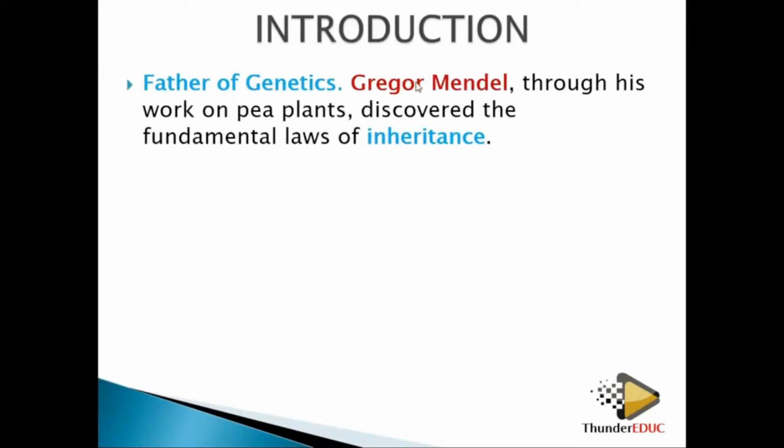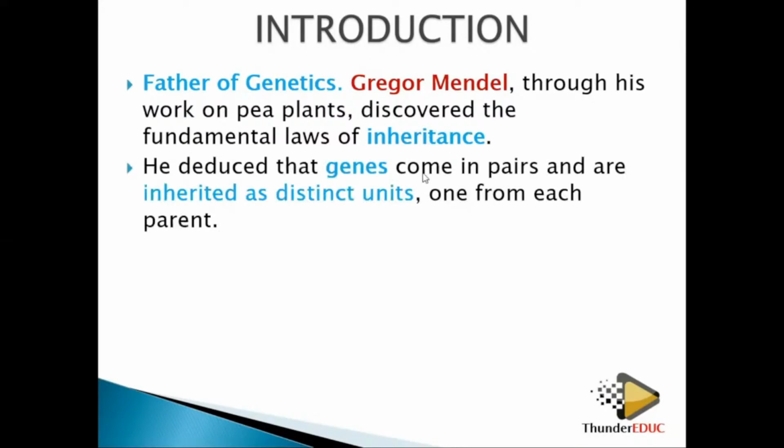So let's look at the introduction. Father of genetics. When we talk about father of genetics, we are talking about Gregor Mendel. He did a lot of work on inheritance, and he discovered a law which we call law of inheritance. He concluded that genes come in pairs, for example, height is controlled by two parts of genes. When we talk about genes coming in pairs, a character like height, size, skin color is controlled by two kinds of genes.